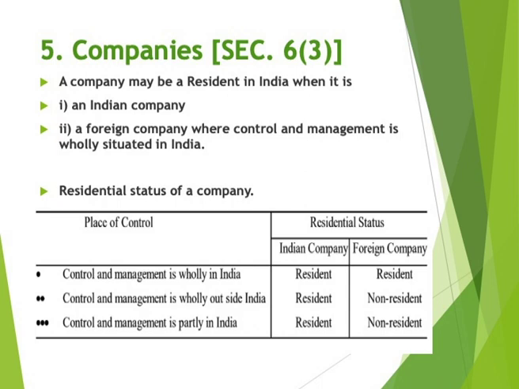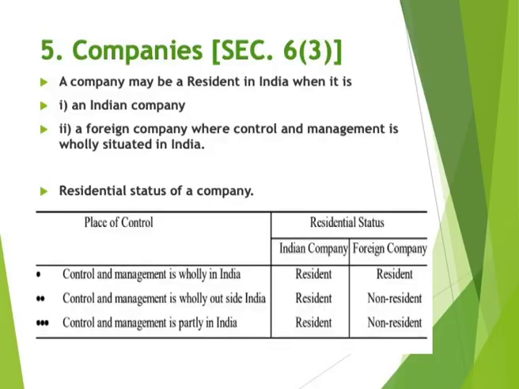Then also we call them resident. If we did not say that, then all the MNCs working in Hyderabad and Hi-tech City would not exist. Am I right? So it is not mandatory that it is only an Indian company; if they are managed and controlled from India, we call them Indian companies. You can just look here, that is their residential status.